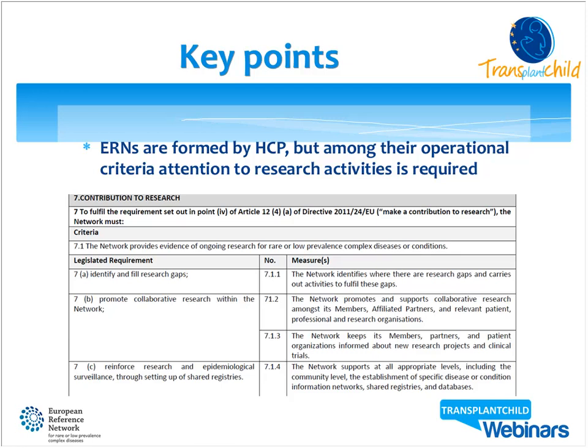In our case, we assume that the condition that we all share is the condition of the transplanted child and the complexities of this procedure, but it's mandatory among the activities that we have to develop in the next years to identify and fill research gaps. So we have to identify research gaps and carry out activities to fulfill these gaps. We need to promote and support collaborative research among our members, affiliated partners, and relevant patient, professional, and research organizations.